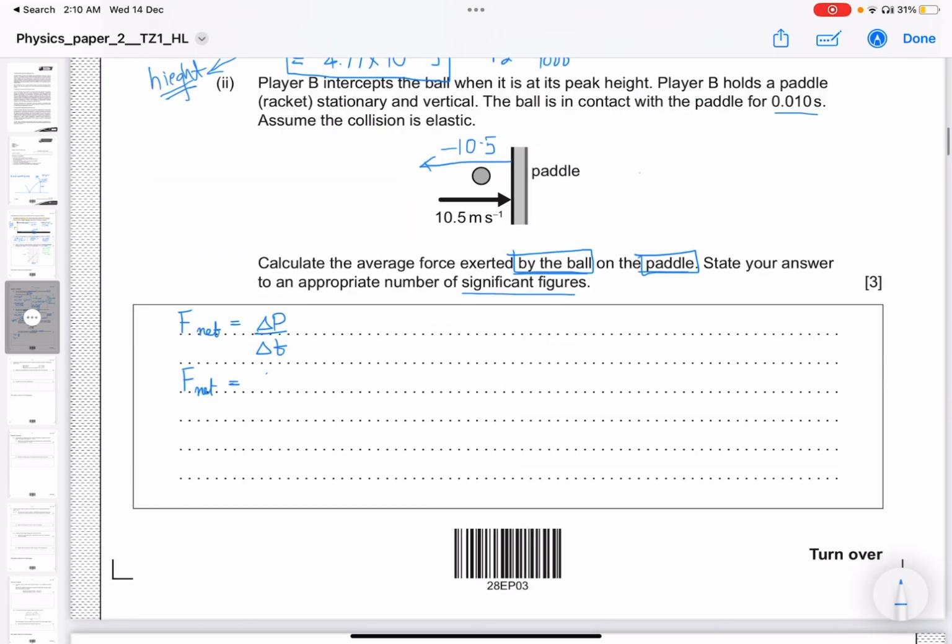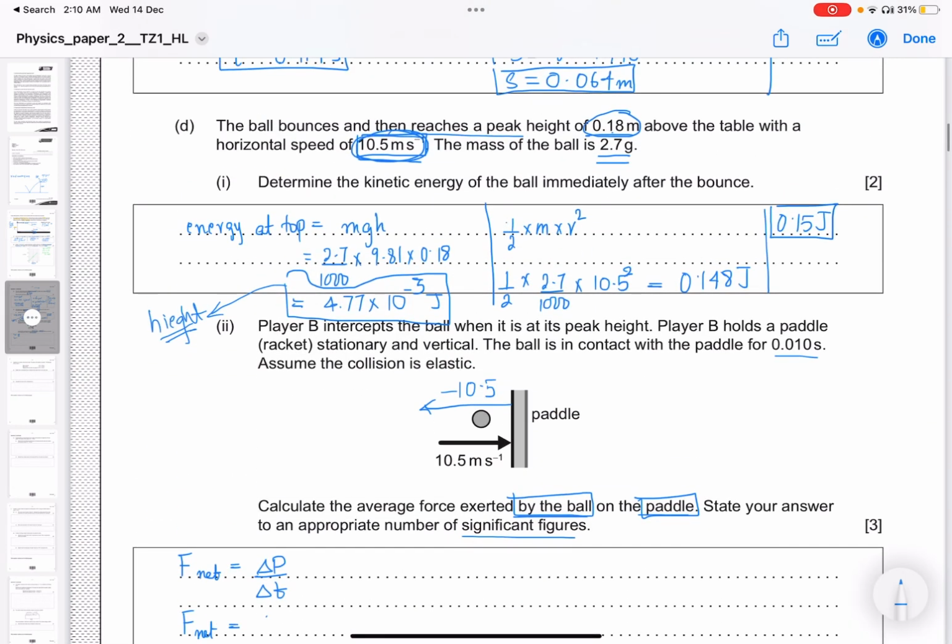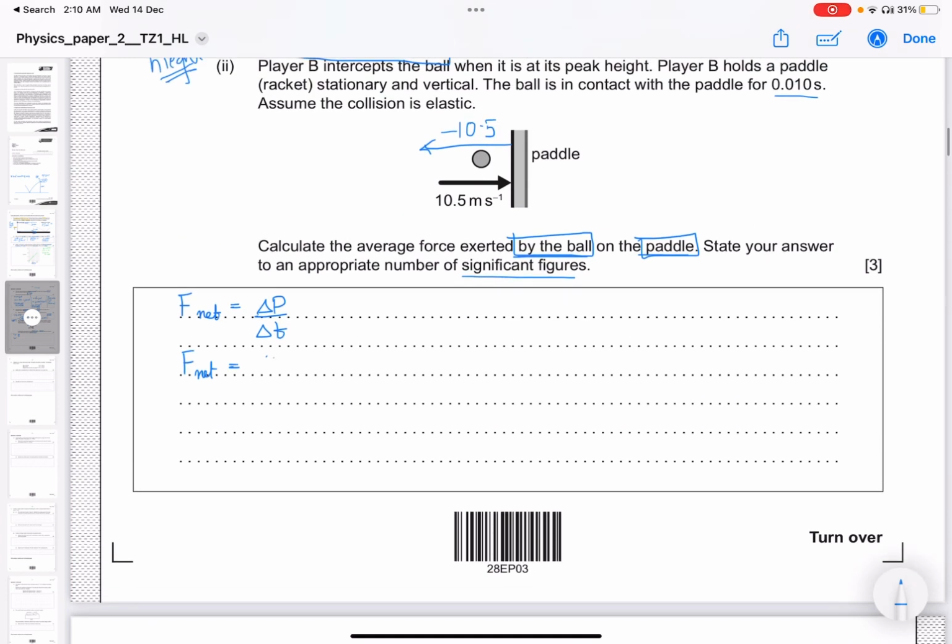It is 0.027. So 0.027 into minus 10.5, which is the final momentum, minus the initial momentum, divided by the time taken.